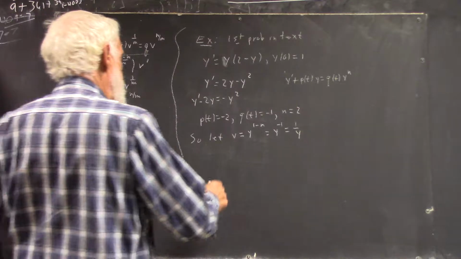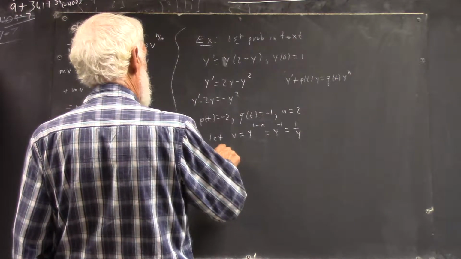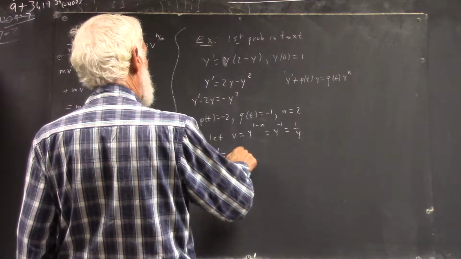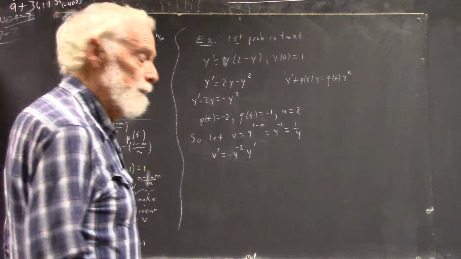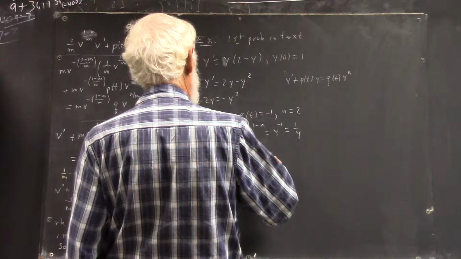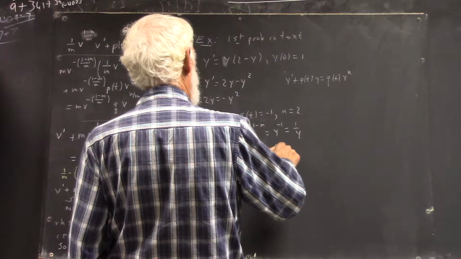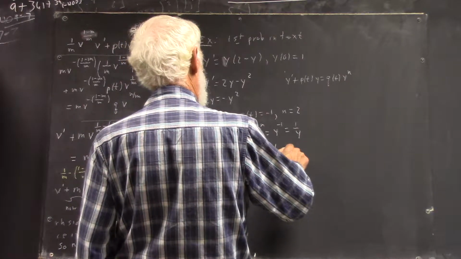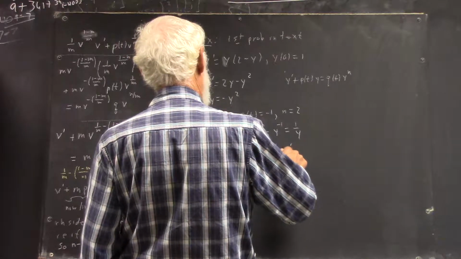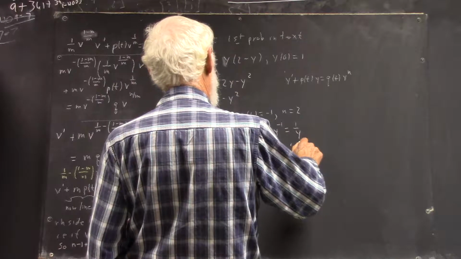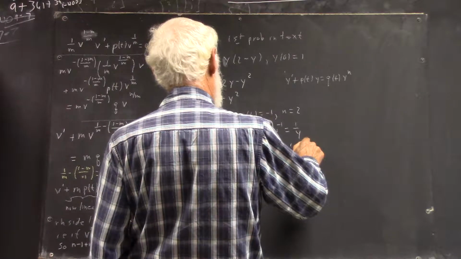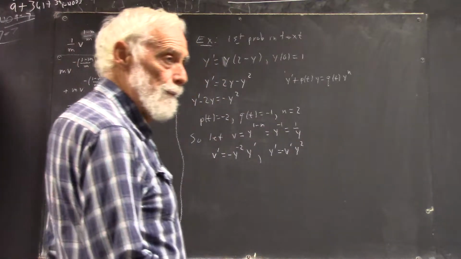So that v prime equals -y to the -2 times y prime. y prime equals negative v prime times y to the 2, that is y squared, okay?